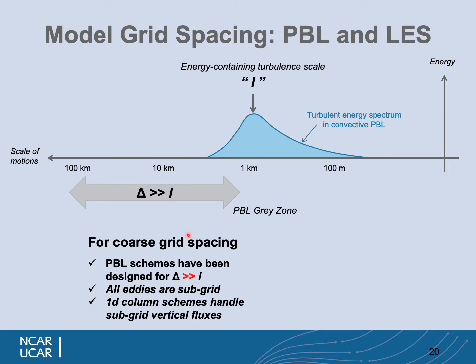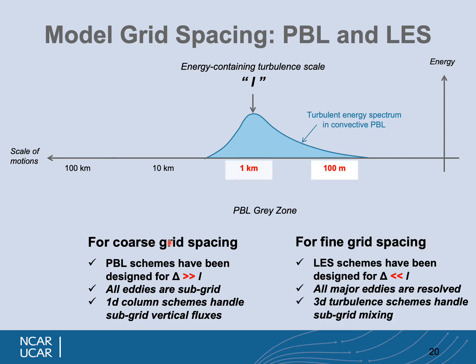For typical grid sizes in the mesoscale, the grid size is much larger than the main eddy containing scales. And so you can use a PBL scheme, and all the eddies are considered to be subgrid, and basically these are 1D column schemes that handle subgrid vertical fluxes.